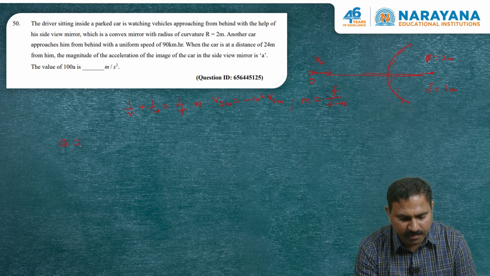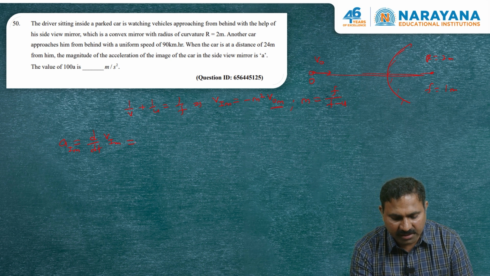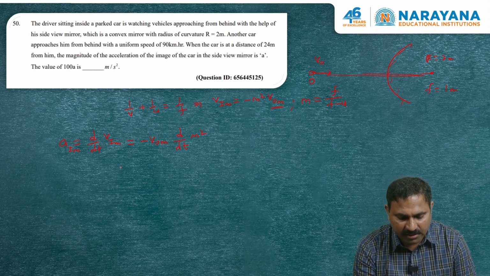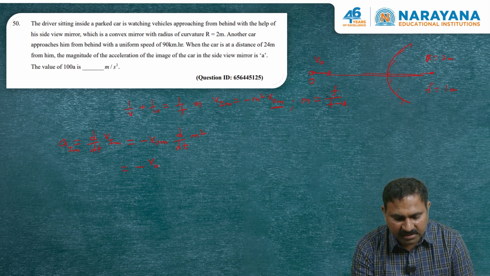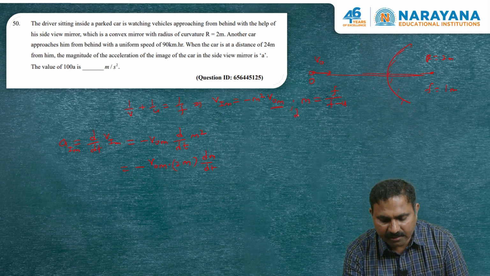So, the acceleration of image with respect to mirror is d by dt of the velocity of image with respect to mirror. The velocity of object with respect to mirror is constant, so this is minus the velocity of object with respect to mirror into d by dt of m square, m is variable here, so minus velocity of object with respect to mirror into 2m into dm by dt. dm by dt can be written as minus f by f minus u whole square into minus du by dt.